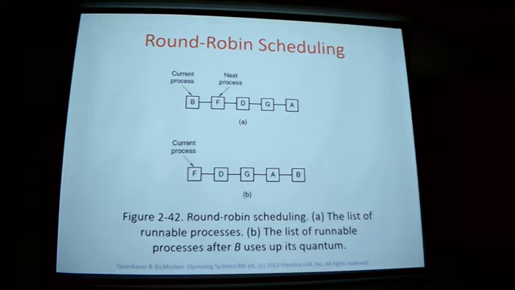So from the example, we can get that the length of a quantum can be neither too long nor too short. In real applications, the length of a quantum is about 20 to 50 milliseconds. Too long is not a good thing, because the response time will increase.